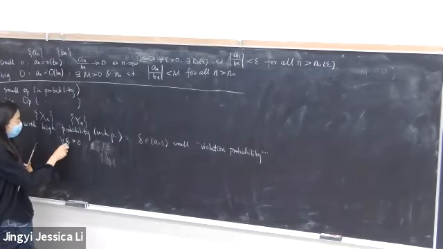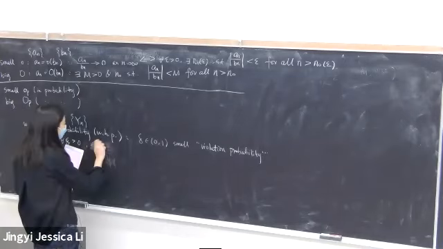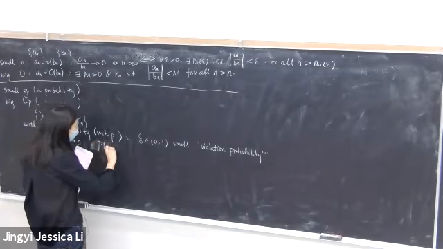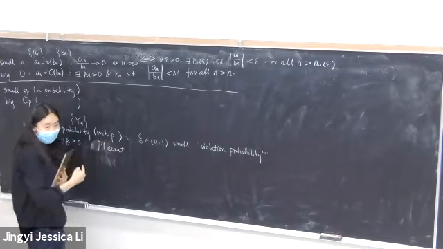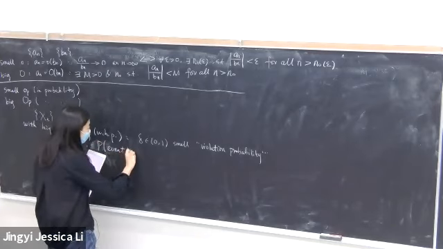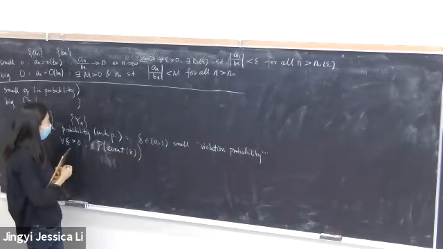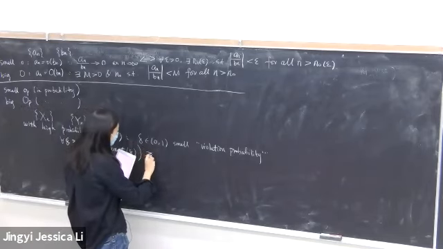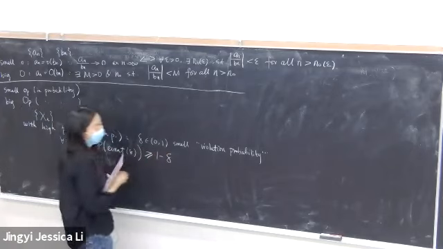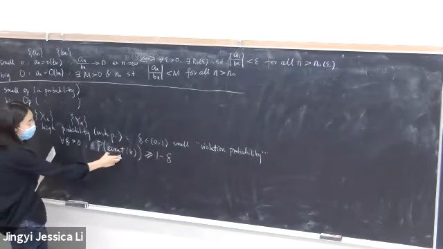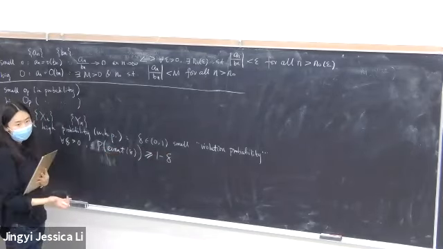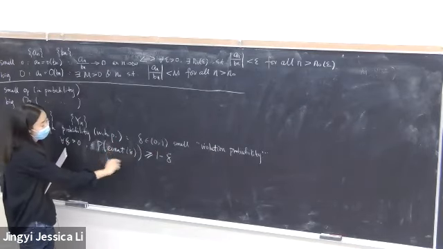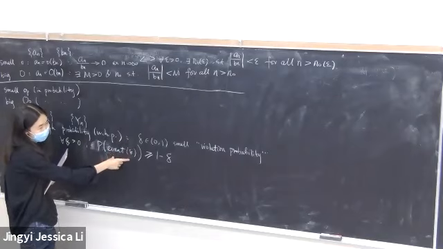So for any epsilon greater than 0, if we have the probability of some event, which may depend on delta, holds with probability at least 1 minus delta, then we say this event holds with high probability. So for any violation, you could find the corresponding event, and this event holds.